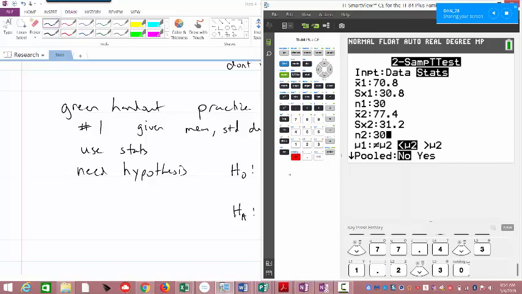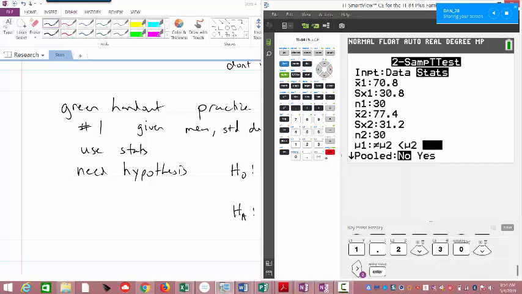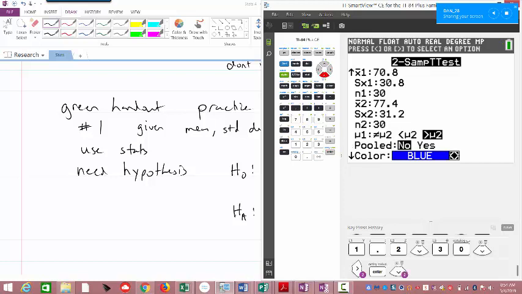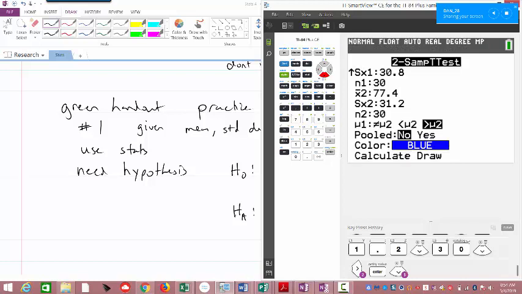Okay. Now, do you see the next line? You can test mu1 not equal to mu2. That's your two-tailed test. Or you can choose mu1 greater than mu2 or mu1 less than mu2. Which one do we have? Greater than. So we have to go over and highlight that. We always leave our data as not pooled, and then we calculate.